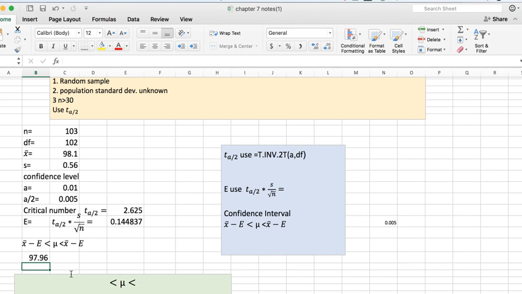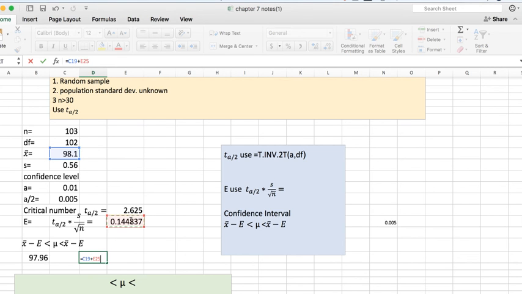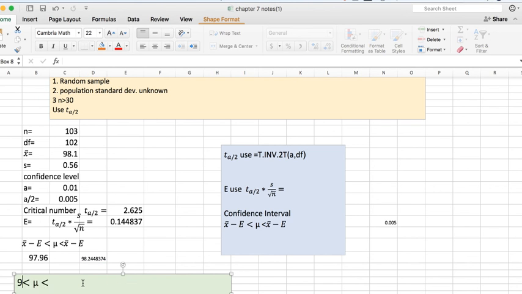That's our lower bound, 97.96, and our upper bound will be our sample mean plus our margin of error, 98.24.